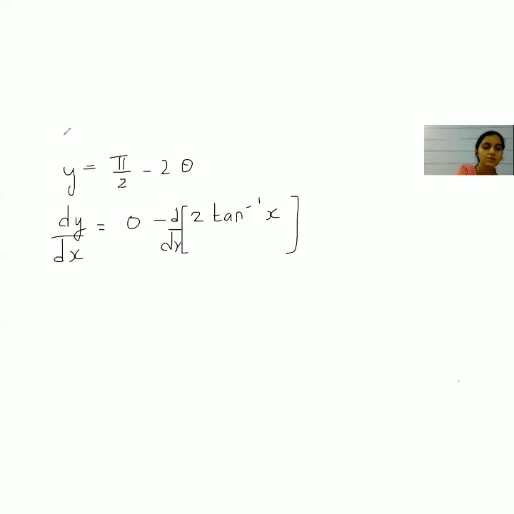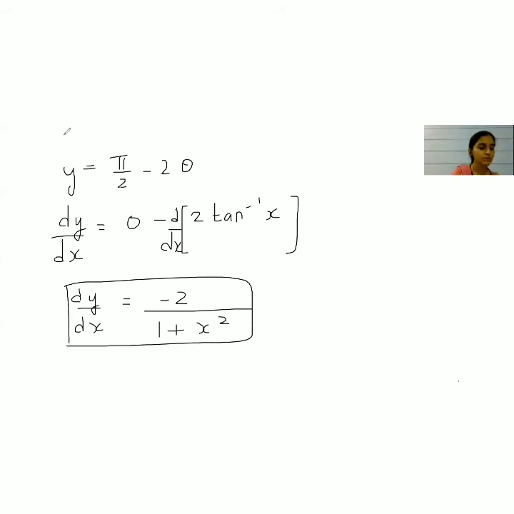So dy by dx is equal to minus 2 upon 1 plus x square, because the tan inverse x derivative is 1 upon 1 plus x square. Okay, this is question 9, third one.